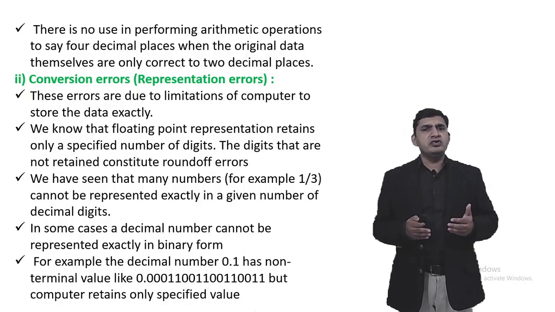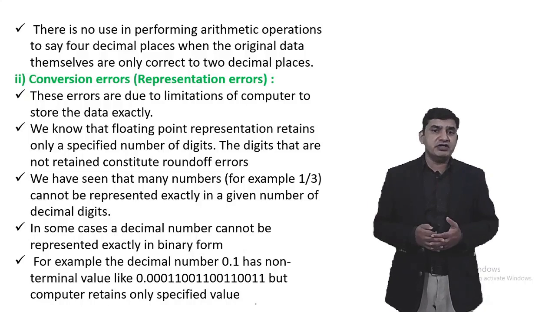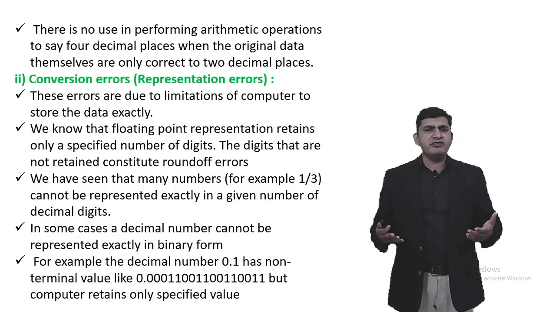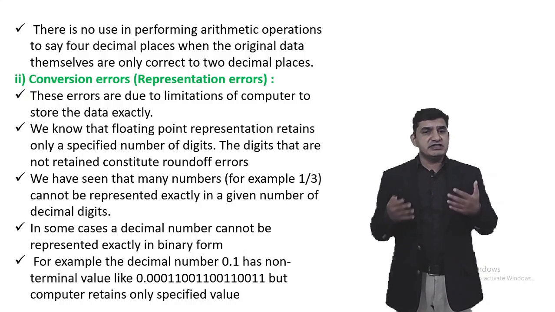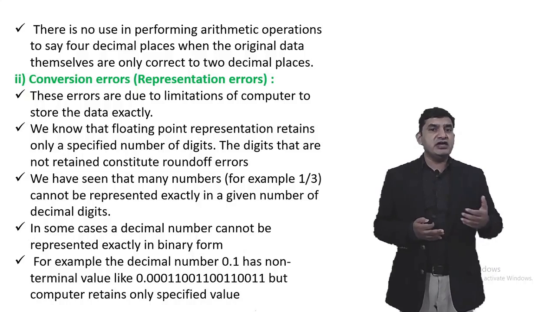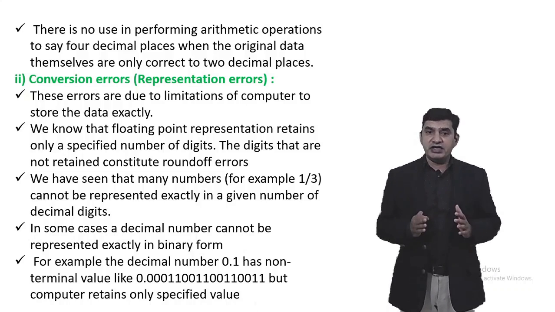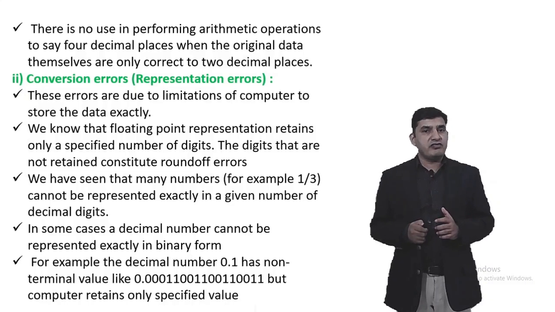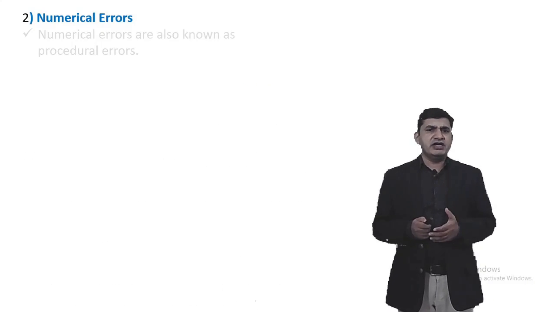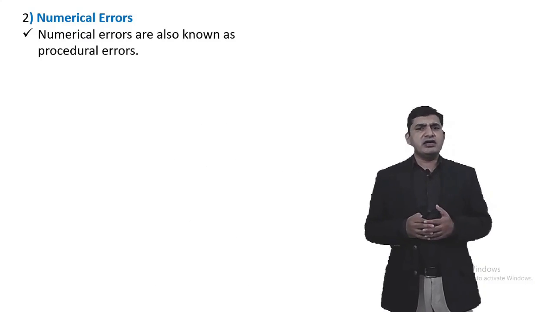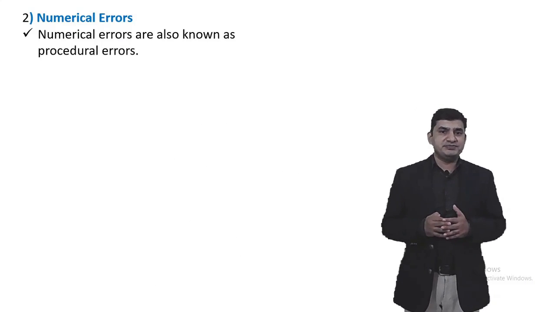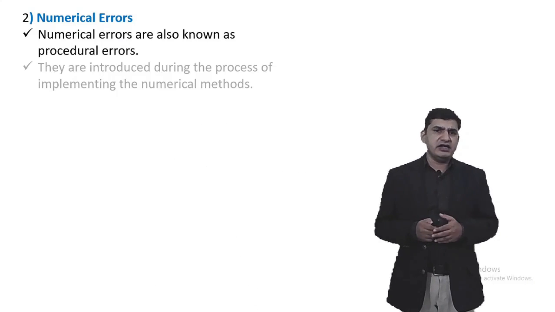When we have to represent a floating point number, that is a number which consists of a decimal point, there are some limitations. Computers retain only specific values. Then numerical error. Numerical errors are also known as procedural errors.